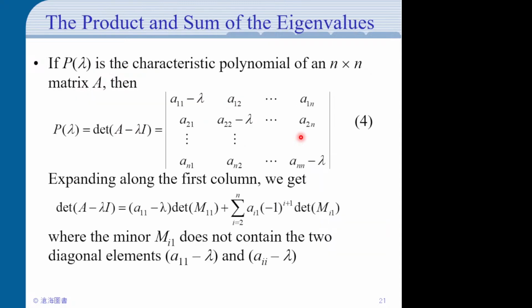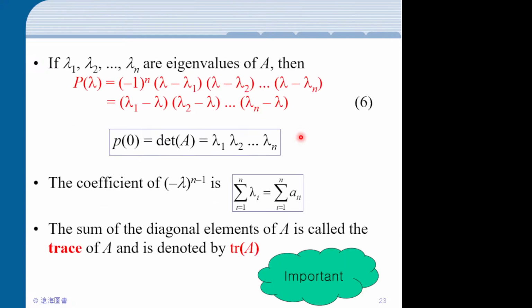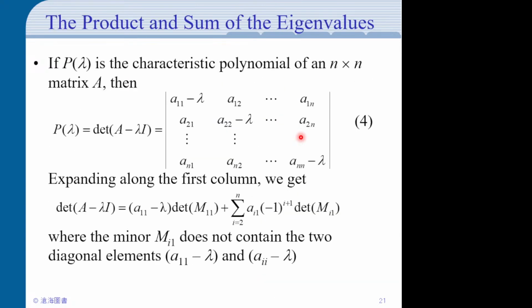Now let's talk about a little more identity we can know about the eigenvalues. We know how to find the eigenvalues: you solve the characteristic polynomial.